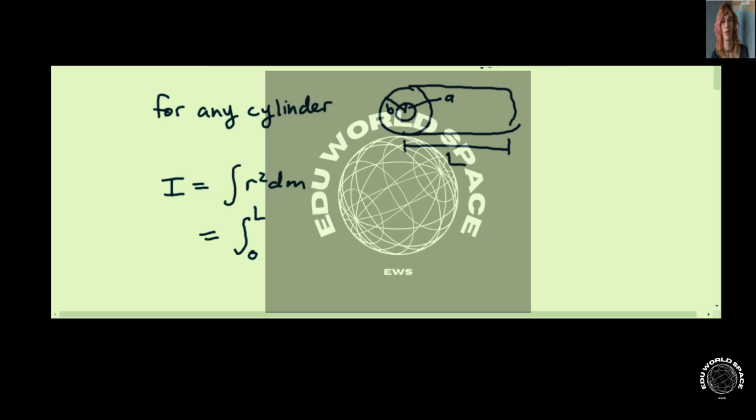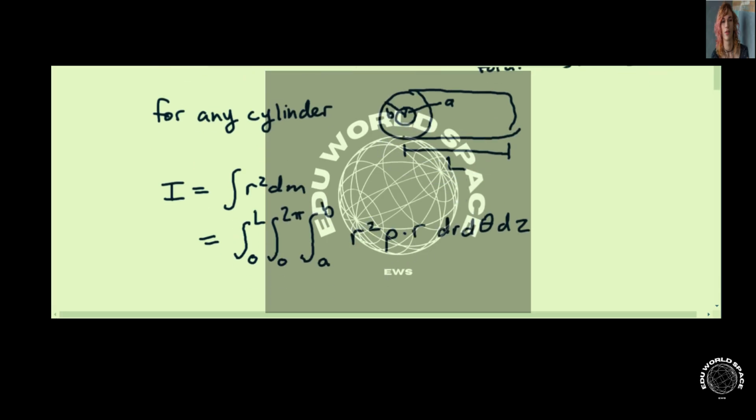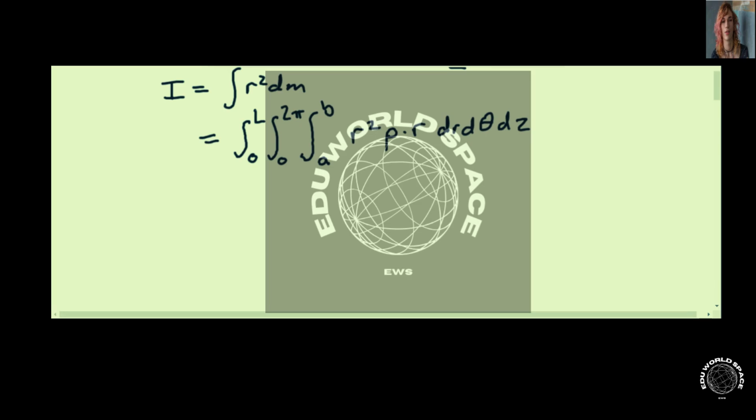So from 0 to L in the z direction, from 0 to 2 pi in theta, and from a to b in r, this is the integral of r squared, and then dm becomes rho times r dr d theta dz. All right, so that is our volume integral to find the moment of inertia for this sphere. I'm sorry, this cylinder, excuse me.